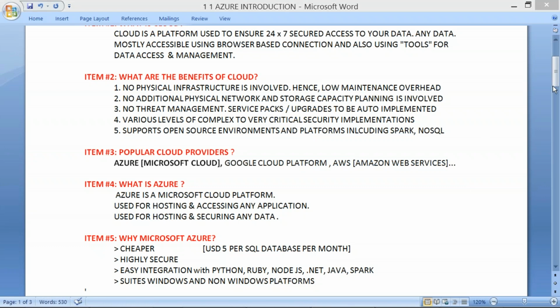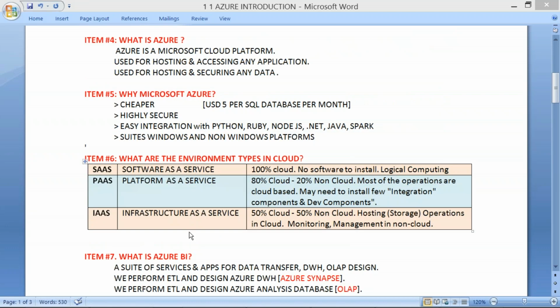With these benefits, there are a total of 3 different environments in Azure cloud. So we have SaaS, software as a service, PaaS, platform as a service, and IaaS, infrastructure as a service.